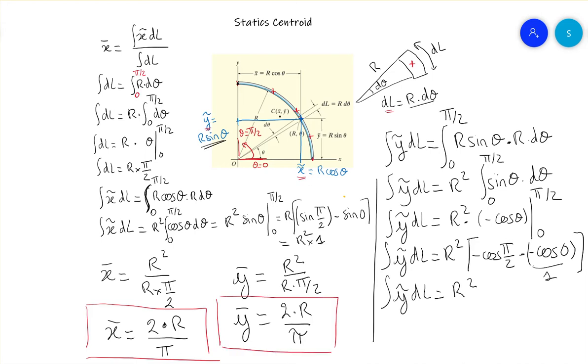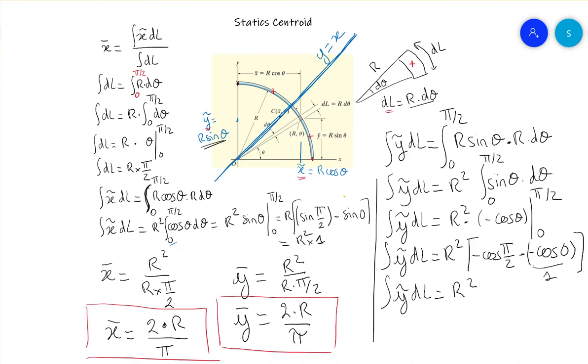And it makes sense that they have the same value, because this is symmetrical about this axis, and this axis is y equals x. So x bar should be equal to y bar.